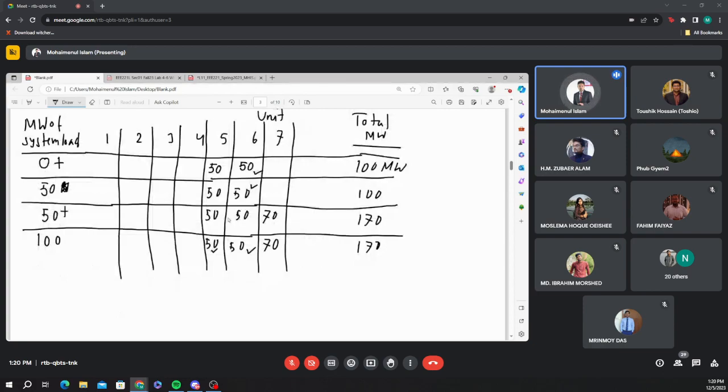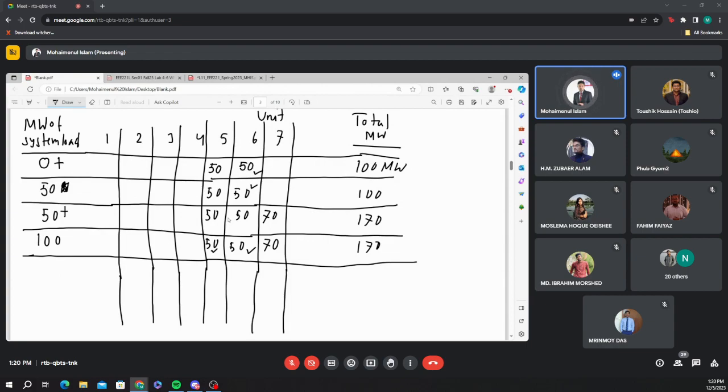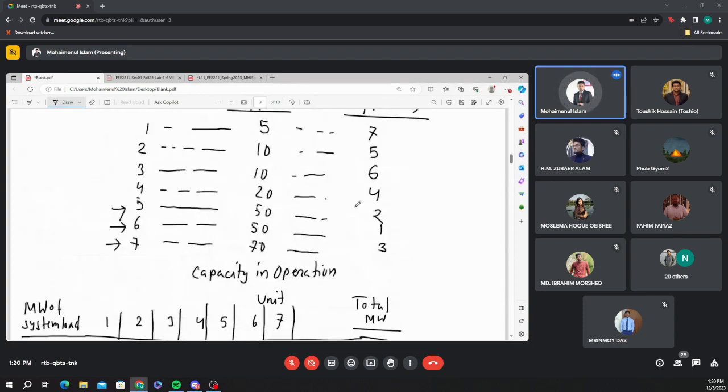But after 100 megawatt, there will be some issue, because you need to turn on or start the process of turning on the other generators. So that is the worrying thing. So we need to prepare, and we need to start the fourth generator if the load demand is 100 plus. For 100 plus, you see, you have the fourth generator, which has the fourth efficiency order, 20 megawatt.